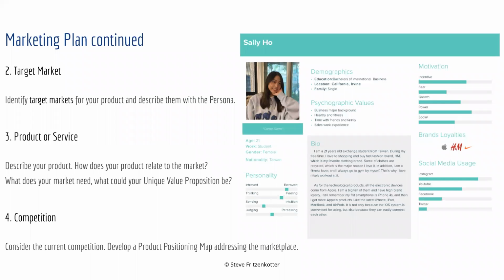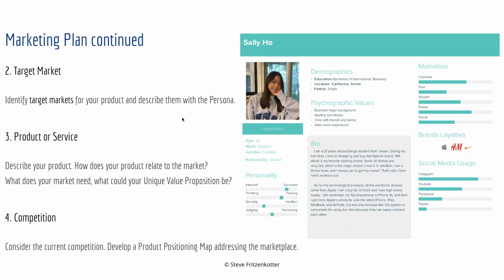Now, number two, after we conduct market research, the second element of the marketing plan is to identify our target audiences. And we do that through the development of what we call the persona. The persona is a character that represents an audience, that represents part of our audience.